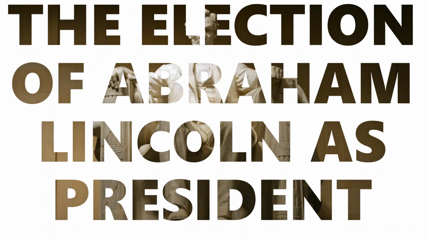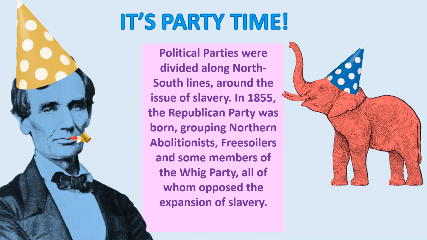The election of Abraham Lincoln as president. Political parties were divided along north-south lines around the issue of slavery. In 1855, the Republican Party was born, grouping Northern abolitionists, Free Soilers, and some members of the Whig Party, all of whom opposed the expansion of slavery.